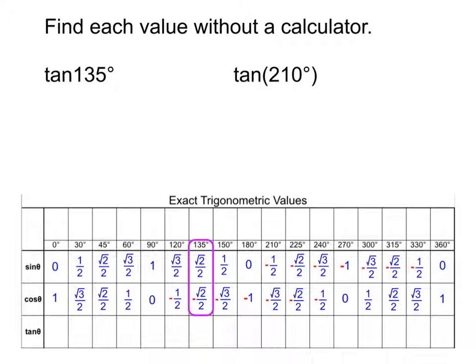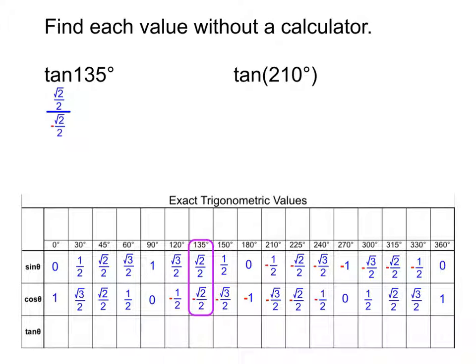So for tangent of 135 degrees, I can go back to my table, find 135 degrees, and I can grab the sine and cosine values there. And so if tangent is sine over cosine, well, sine is root 2 over 2. Cosine is a negative root 2 over 2. So that's how I can find tangent. Root 2 over 2 over a negative root 2 over 2.